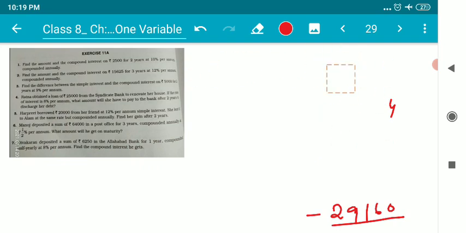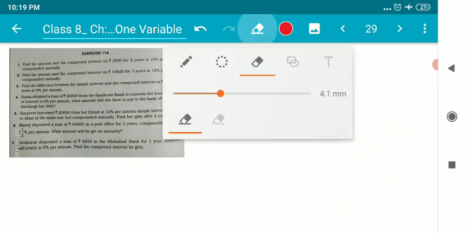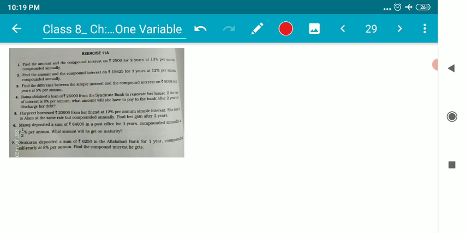Children, the next question I have chosen to solve is question number 6. Question number 6 is about Manoj, who deposited a sum of rupees 64,000 in a post office for 3 years, compounded annually, at 7.5% per annum. What amount will he get on maturity? Okay, children, very simple.